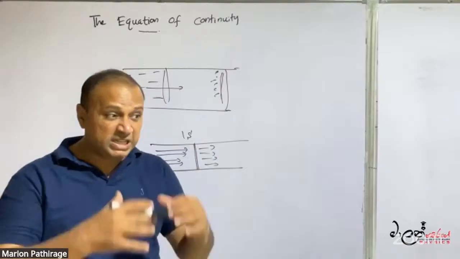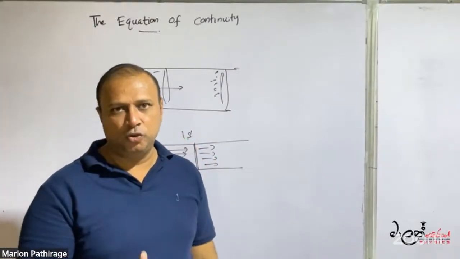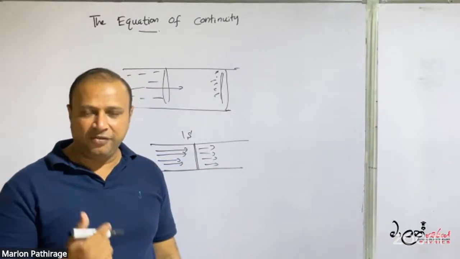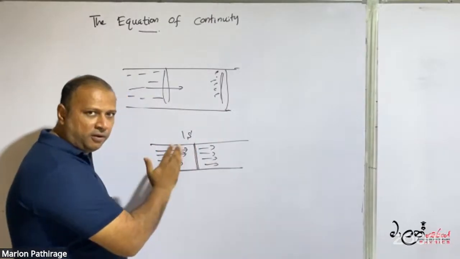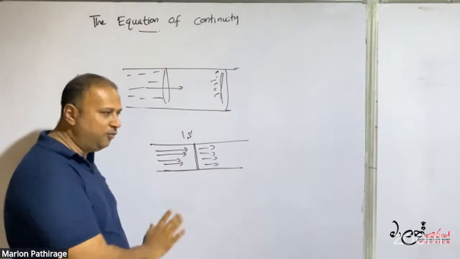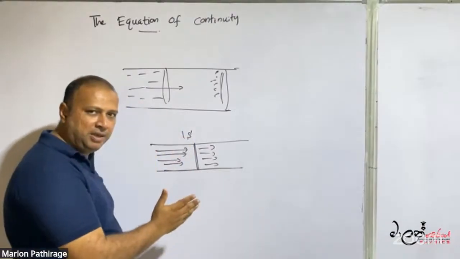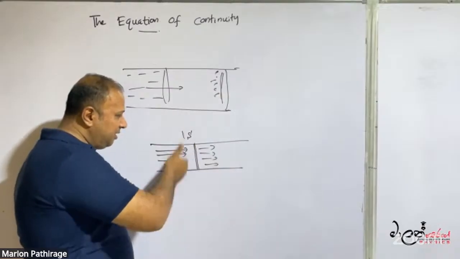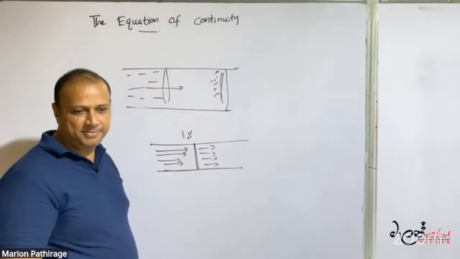Therefore, to keep the steady state condition, definitely the fluid flow rate should not be varied within the fluid. The fluid flow rate should be same in every cross section.